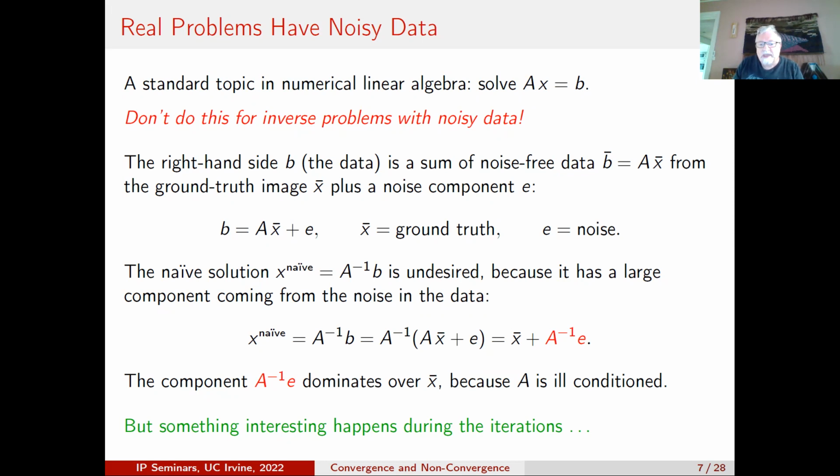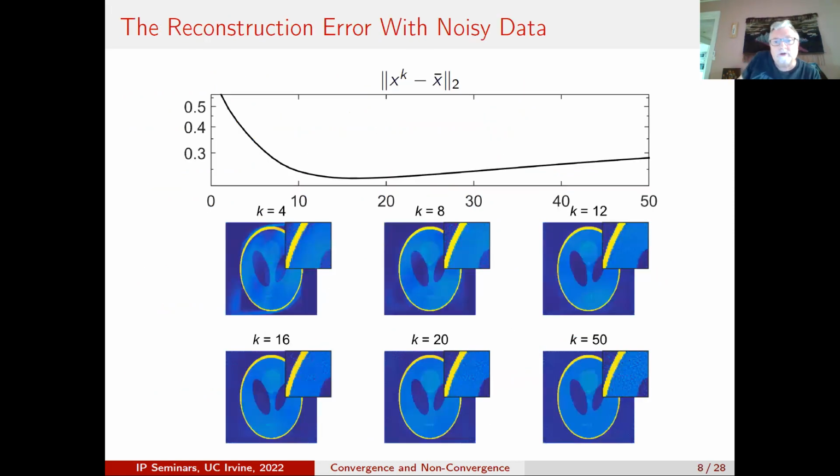Okay, so in this case here, we apply an iterative method to solve Ax equals b. So let's look at what happens here. Now, what I plot here is the reconstruction error as a function of the number of iterations, right? So let's see. So remember, x bar is the true solution. That's the exact solution.